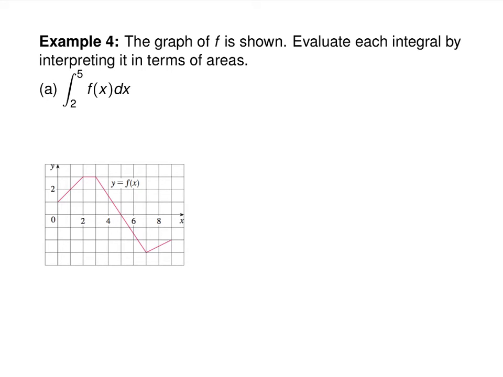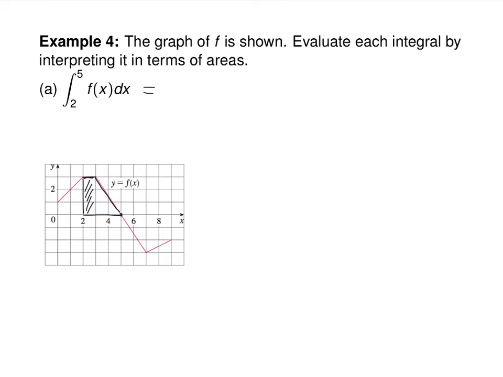All right, so find each integral by interpreting it in terms of area. So the area from 2 to 5. That'd be from here to, I think, right there. Do you guys agree? I think about that as rectangle plus triangle.